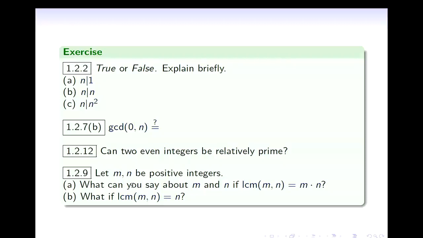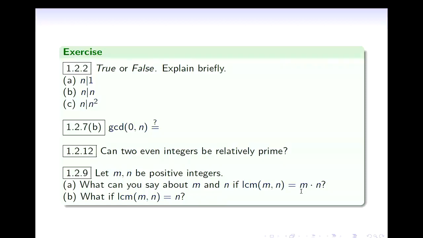Now, suppose that m and n are positive integers, and we are given that the least common multiple of m and n happens to be m times n. Is there anything that we can say about m and n if that is the case? They are relatively prime. Yes, they are relatively prime.